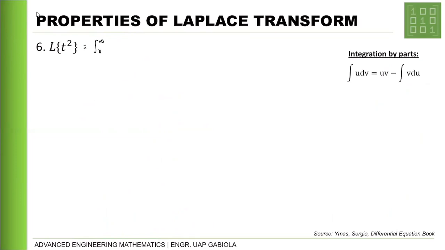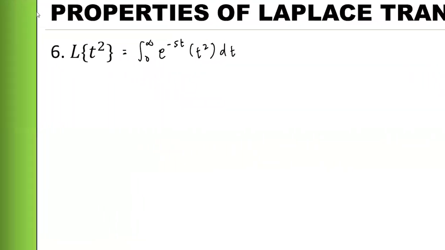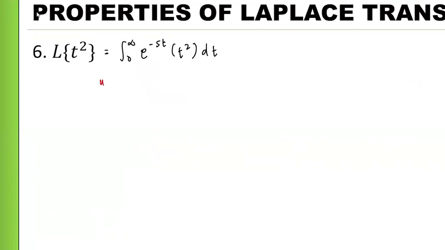So, 0, infinite, e negative st, and then we have t squared dt. So, dito, pwede tayong mag integration by parts ulit. So, let u is equals to t squared and si dv will be equals to negative st dt. Okay?